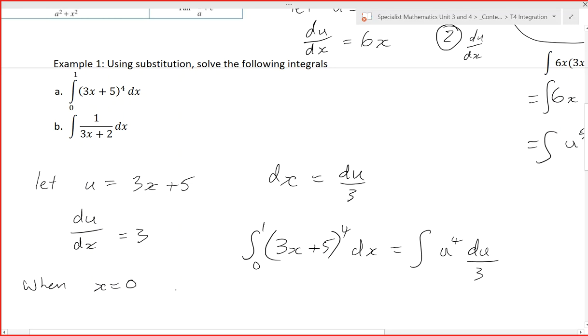When x equals 0, well, let's put it into here, u equals 5. When x equals 1, what's the answer? Plus 5. Yep, very good. So we've got the new limits, or the new domain. So u equals 5 and u equals 8.